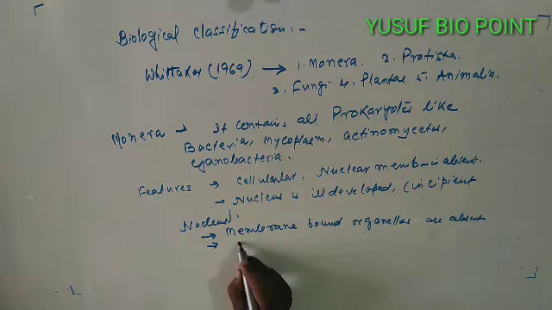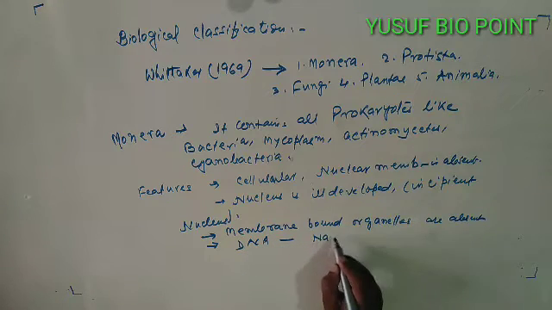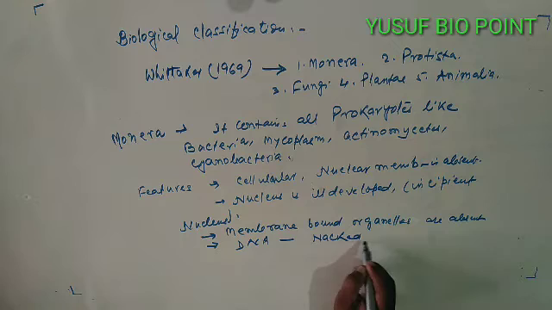Second, DNA is naked, meaning no nuclear membrane is found. That's why the genetic material is not organized in a nucleus, it is in scattered form.